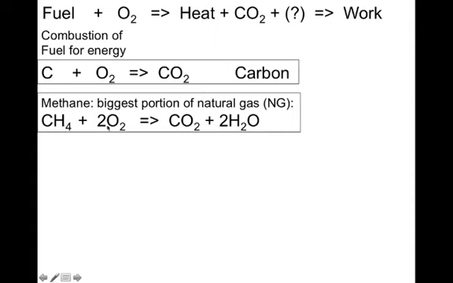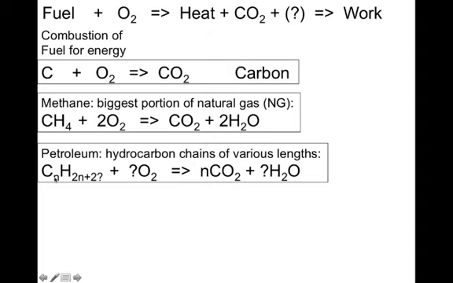Now when you add oxygen, you get carbon dioxide, plus the hydrogens of the methane wind up with a lot of water. And petroleum: you have long chains of carbons and hydrogens, and then you have to add a certain amount of oxygen. You're going to get carbon dioxide and again water vapor. When it cools, it will turn to liquid water.